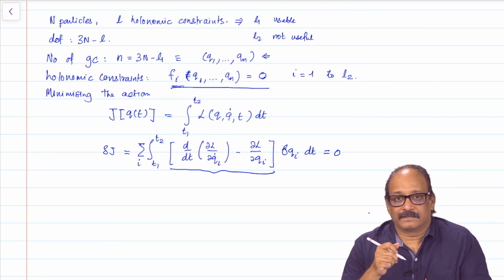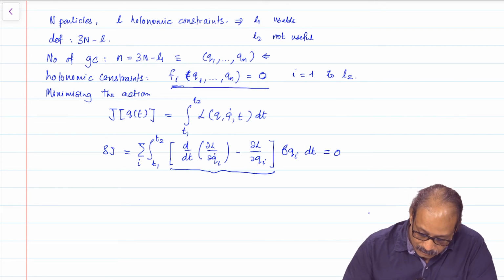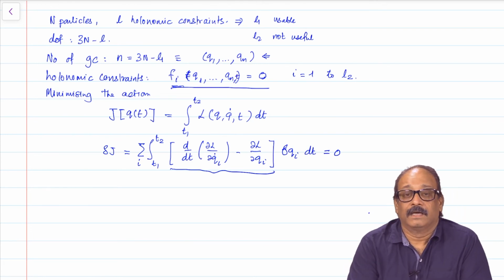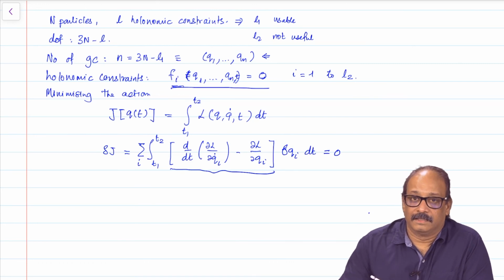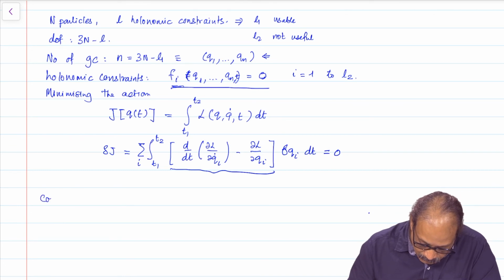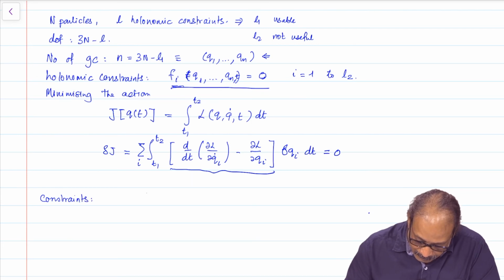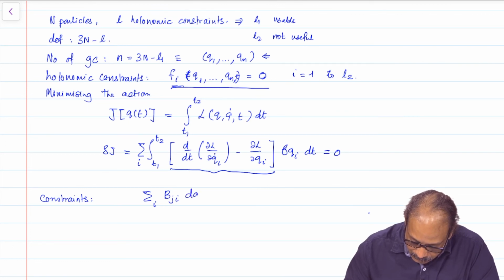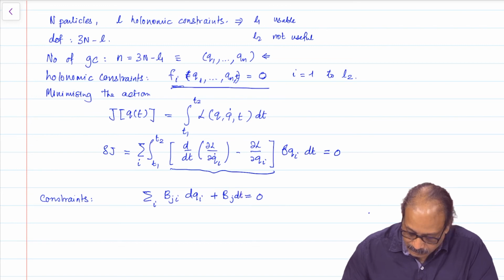If I want to write that constraint equation in terms of the displacements or infinitesimals, then the constraint equations will look like this: sum over i of bji times dqi plus bj dt is equal to 0.